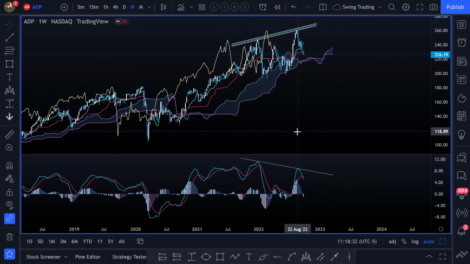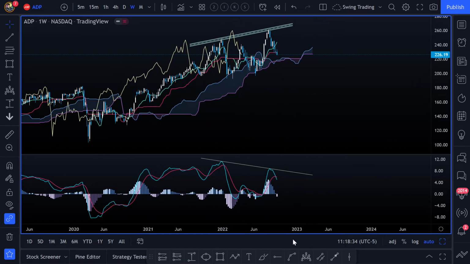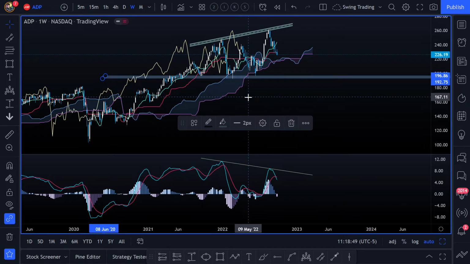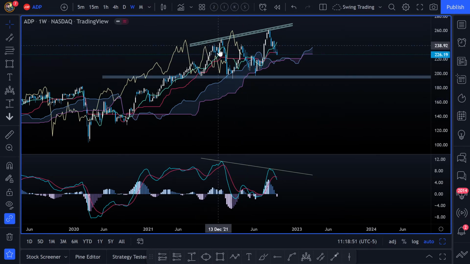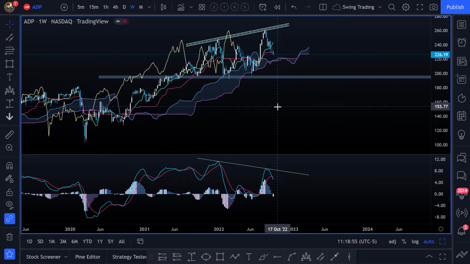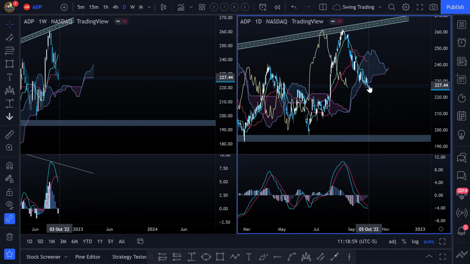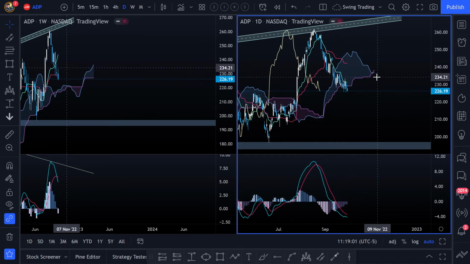All right, so looking at the daily time frame, the price is breaking the cloud to the downside.